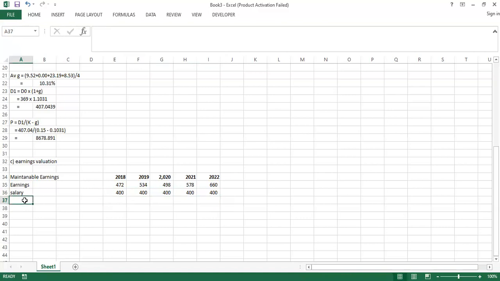Then we are not only doing that, because your earnings are profits after tax, which means we need to factor in the tax effect on this salary, right? Because that salary was subject to a tax deduction.